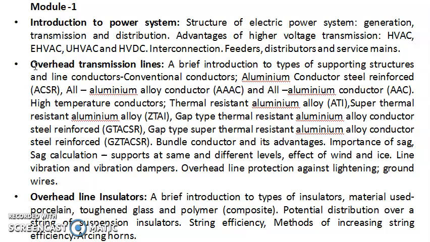The second part of module 1 deals with overhead transmission line, in which we will study a brief introduction to the types of supporting structures and line conductors, conventional conductors, aluminum conductor steel reinforced (ACSR), all aluminum alloy conductor (AAAC), and all aluminum conductor (AAC), high temperature conductors, thermal resistant aluminum alloy (TAL), super thermal resistant aluminum alloy (ZTAL), gap type thermal resistant aluminum alloy conductor steel reinforced (GTACSR).